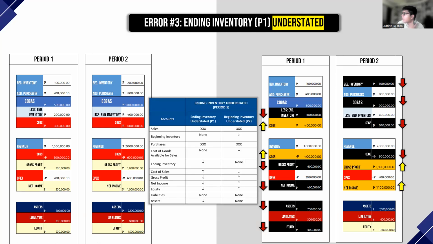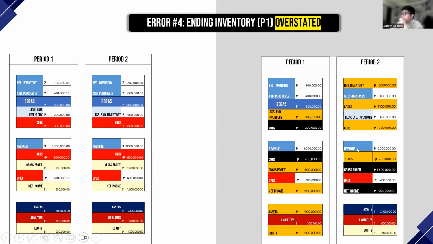And therefore, your equity is not affected. So there is no more effect on your equity at 1.5 million. So, in summary, that is what will happen.